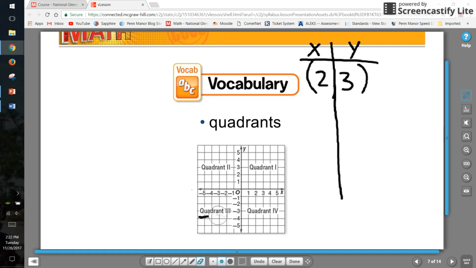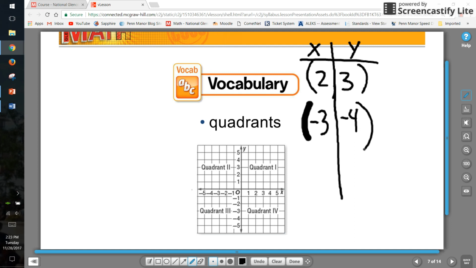Let me do a little bit of erasing. A little bit more complicated coordinate pair. We've been talking in 6th grade about integers, negative and positive, so let's talk about negative integers. -3, -4. You know exactly what that looks like on a number line. It's the left side of the 0, in this case the left side and then downward.